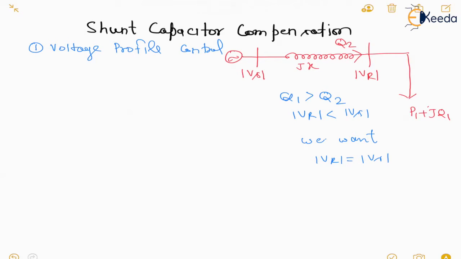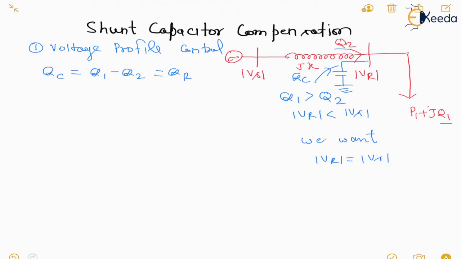So if Q1 is greater than Q2, it means there is a deficiency of reactive power, so we will apply a capacitor, because a capacitor supplies positive reactive power. I am going to connect one capacitor here, which will supply QC. QC will be equal to Q1 minus Q2, which is equal to QR.